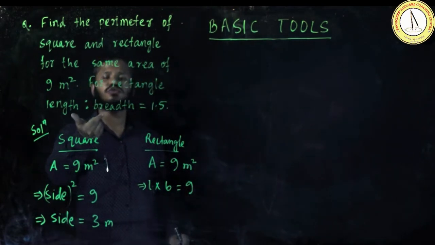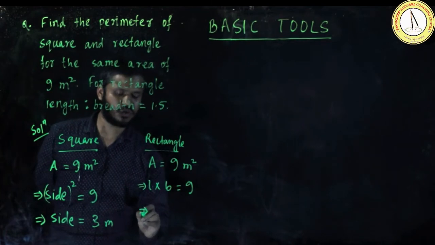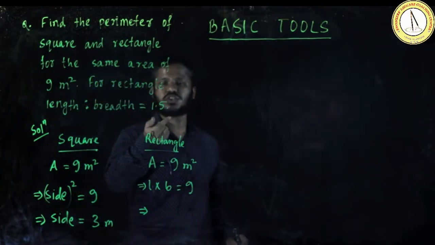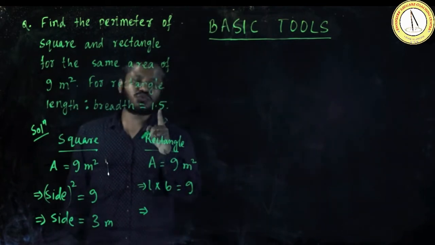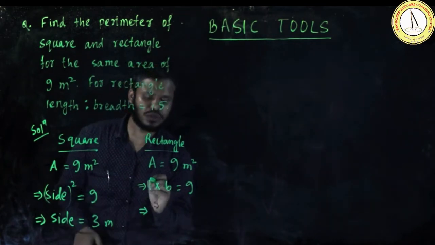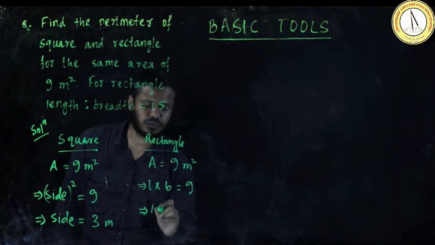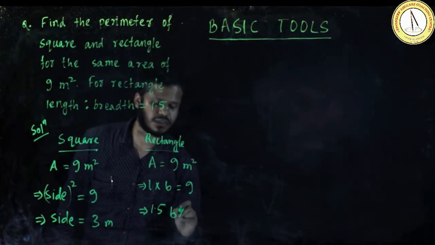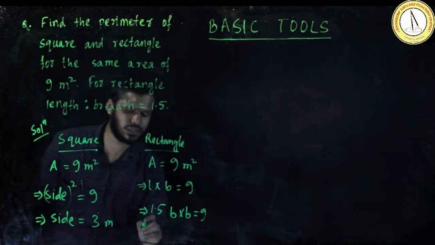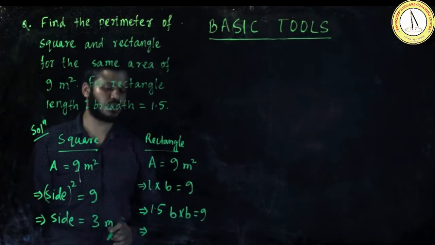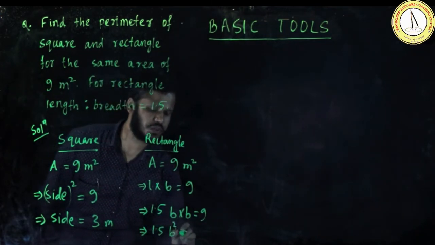Now here L into B, length to breadth ratio is given as 1.5. So that means L by B ratio is 1.5. What is the meaning of this? L is 1.5 times of B. So in place of L, what can I write? 1.5 times of B into B is equal to 9. Now from here, what can I do? 1.5 B square is equal to 9.